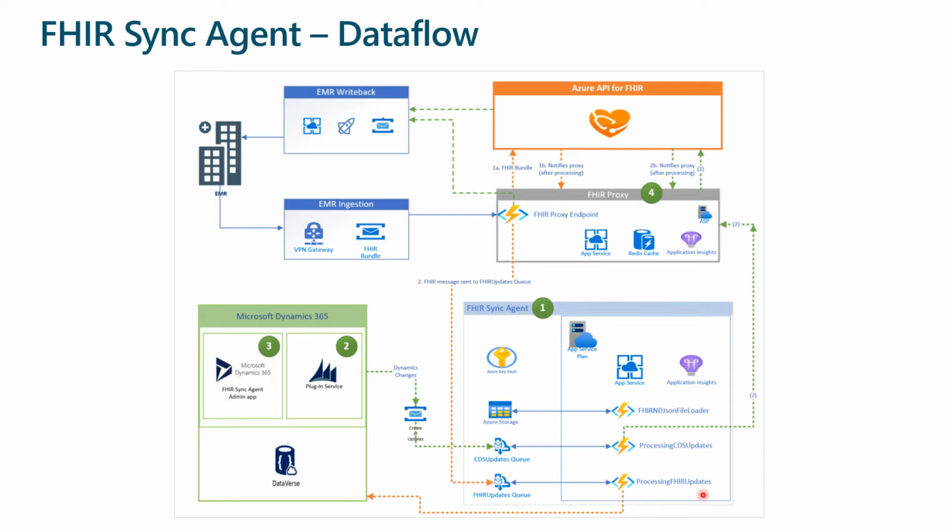The Azure function called processing FHIR updates would process that message to the Dataverse or to the Cloud for Healthcare side of things. And if there are any updates made on the Microsoft Cloud for Healthcare, those messages would be sent via the plugin service available on the platform to the CDS updates queue, which is in the FHIR Sync Agent.